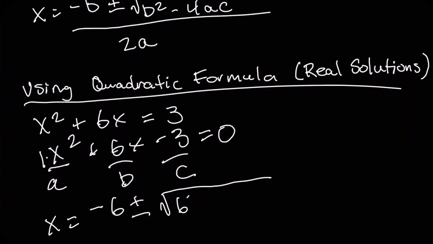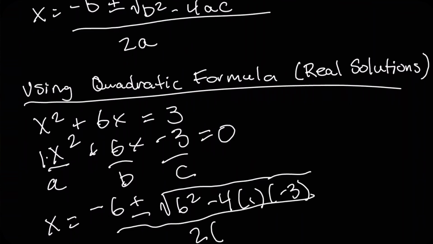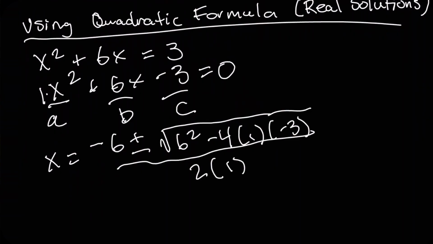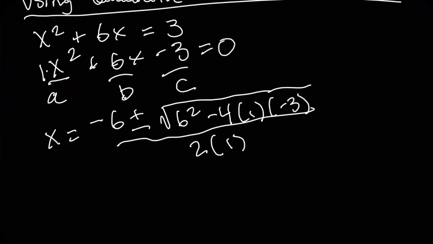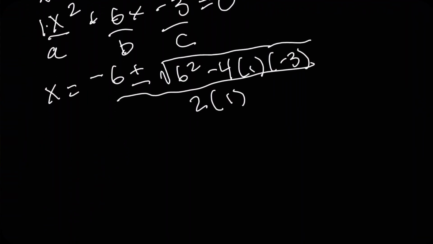So 6 squared minus 4 times a, which is 1, and then our c is negative 3. All divided by 2 times, and then our a is just 1. And make sure to be careful with your signs sometimes when carrying it over. So for example, our c is actually negative 3, not just 3. So just make sure to check your signs when plugging it into the formula.